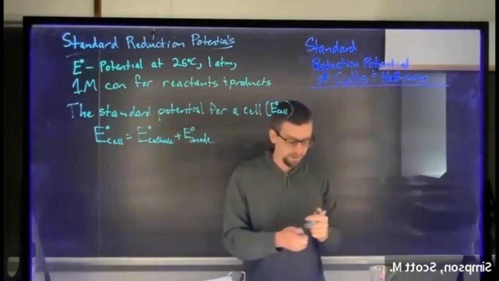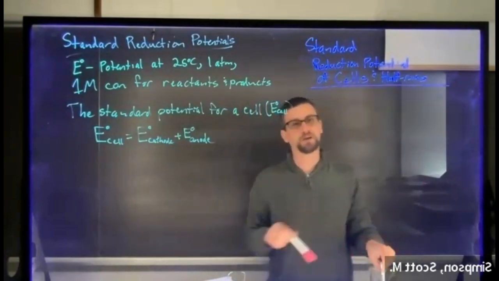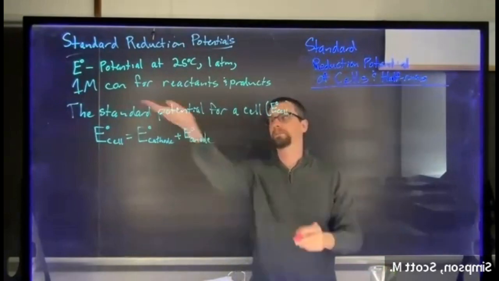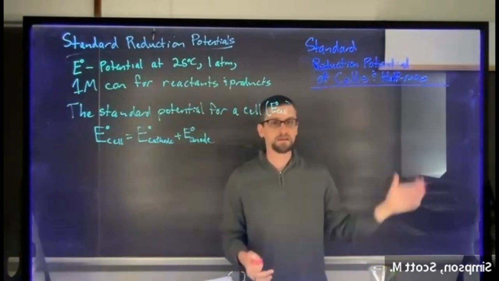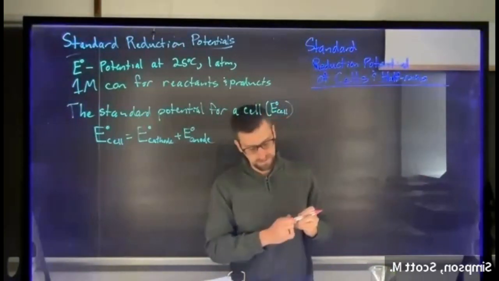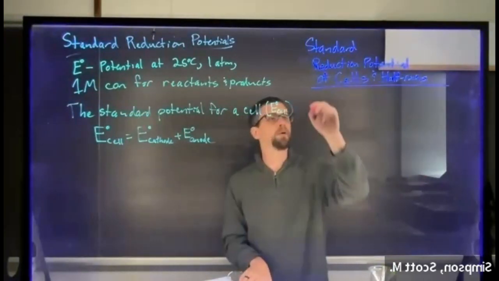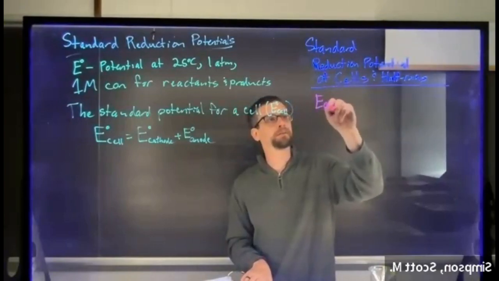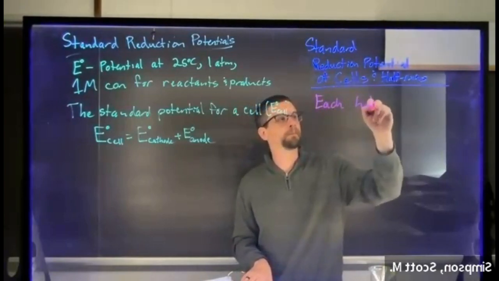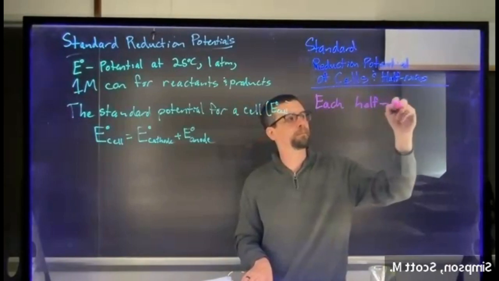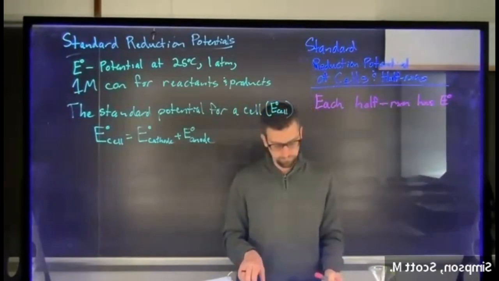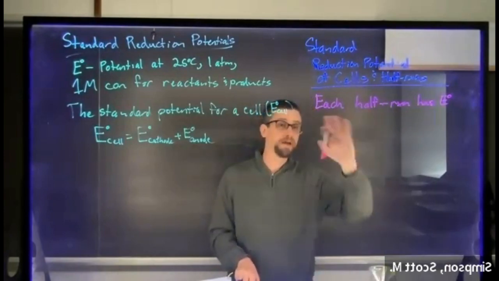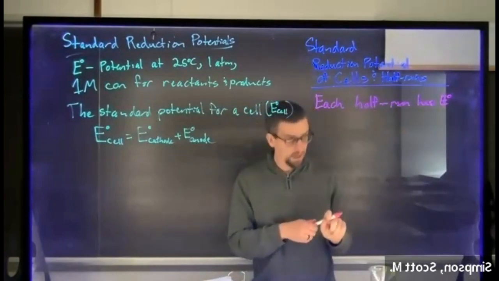The first thing is you can find a lot of these half reactions, or the standard reduction potentials for those half reactions, in tables in your book. A lot of times they have appendices. Each half reaction has an E naught, and most you can find, like I said, in your appendix.